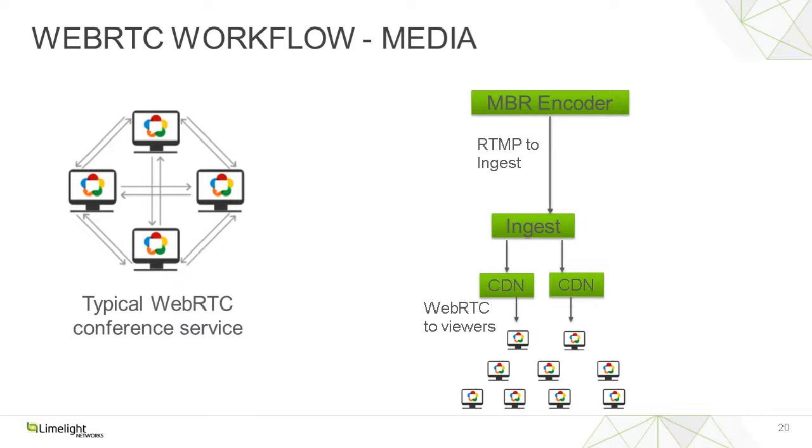And then on the right, granted it's very simplified, but it is an implementation overview of how we do it. You take your multi-bitrate encoder, RTMP into our ingest, and then we can relay that out to the edges via the CDN and deliver it to a larger number of viewers. So rather than doing several to several, we're doing one to many, which is fairly unique to the WebRTC spec.